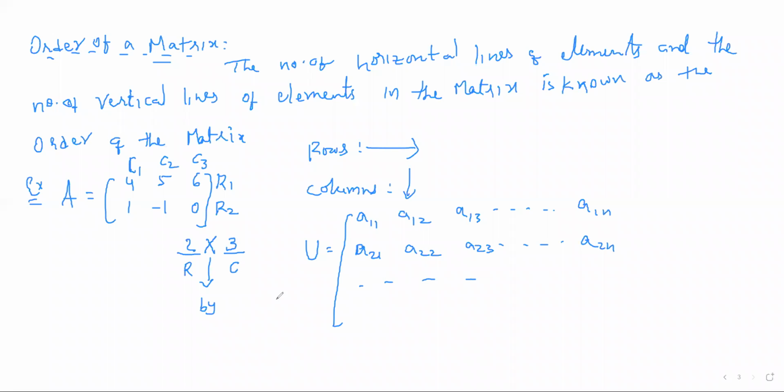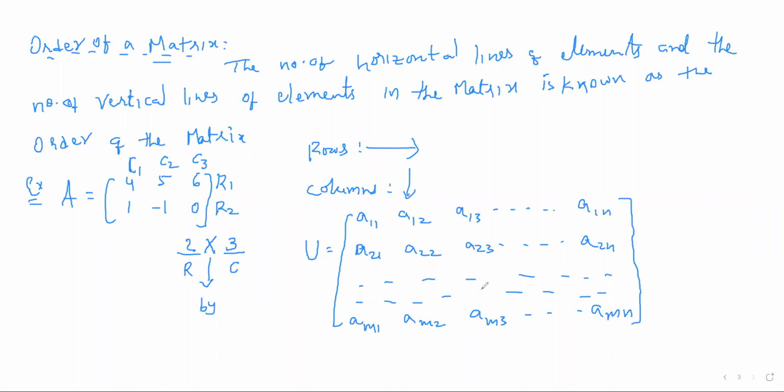Like this, so on. The number of rows we can establish with the help of the elements. And finally, the last row is given by AM1, AM2, AM3, and so on, AMN. This is a matrix.